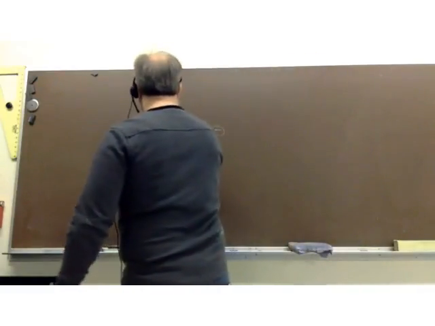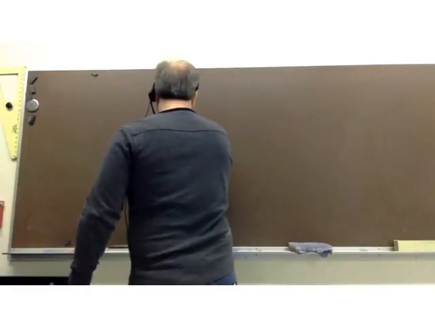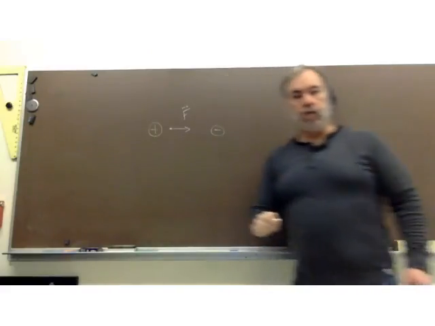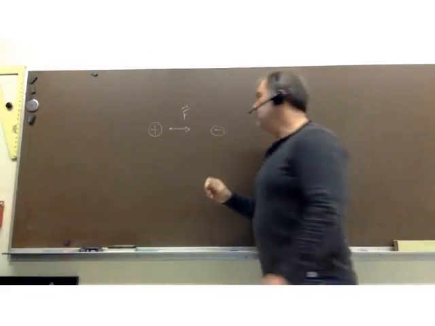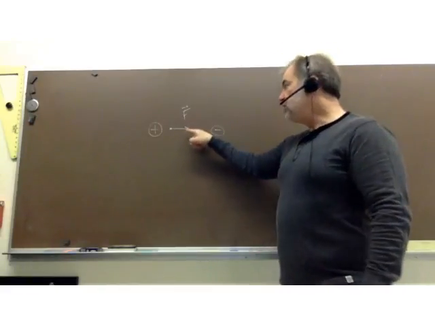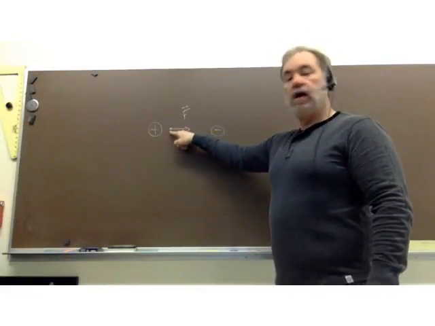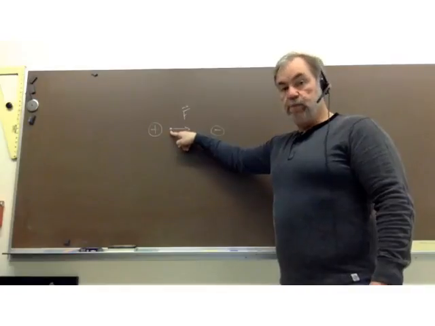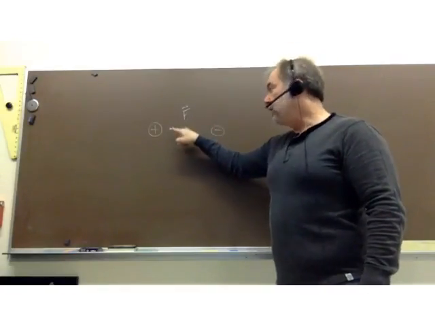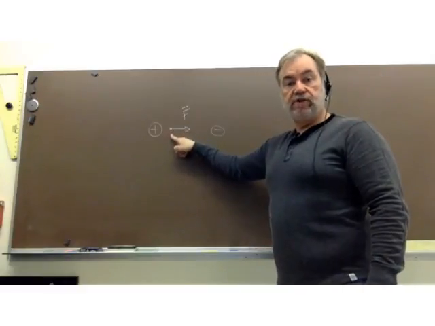If I add both of those together, then the force on it would point like this. That's the net force from the positive plus the negative. And as I was just saying, by definition, the electric field of this dipole at this point also points in this direction. Why? Because I imagine a positive test charge at this location.